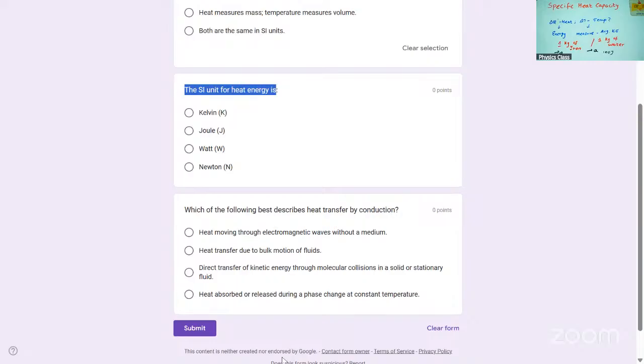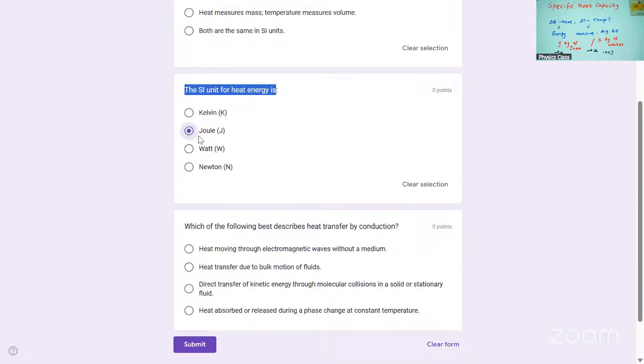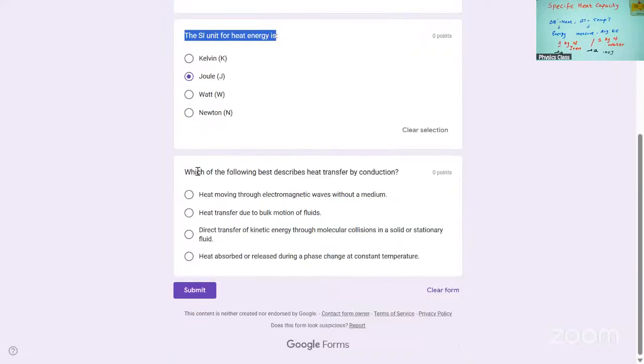Already I told in that class, if you supply an amount of heat, we can take 100 joule. So 100 is a numerical value, and joule is the unit for the heat energy. So option B is the correct answer. Joule, J.